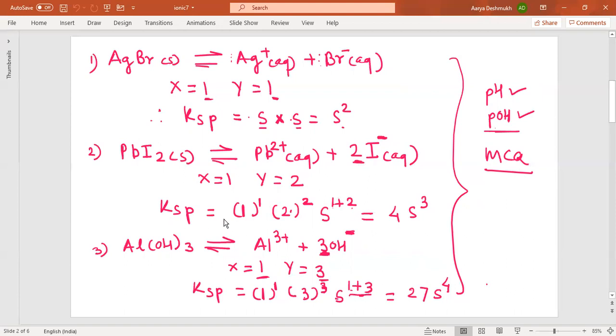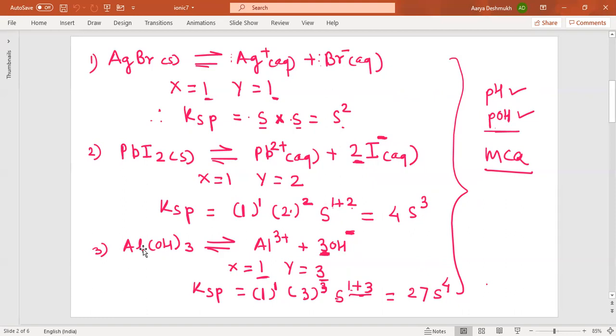So the solubility product will be given by 1 raised to 1, 2 raised to 2, because y equals 2, and S raised to x plus y, that is 1 plus 2. So the result would be S raised to 3, and 2 raised to 2 means 2 square, that is 4. So you'll get the answer 4S cube.